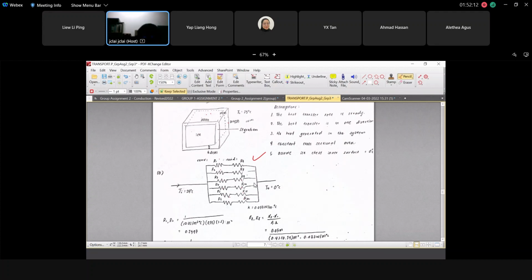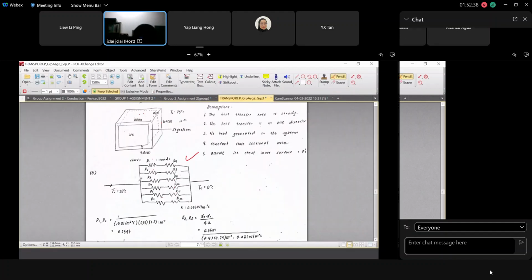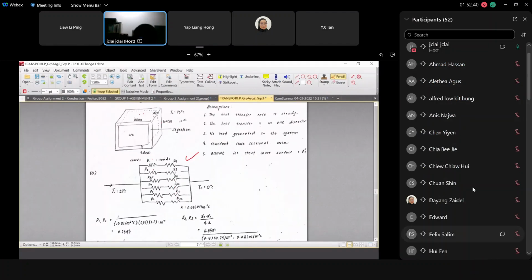It's very simple to understand, right? Because there are 6 surfaces, heat is being transferred from outside to inside through 6 different surfaces, 1, 2, 3, 4, 5, 6, at the same time, simultaneously. So that's why you need to divide into 6 parts.